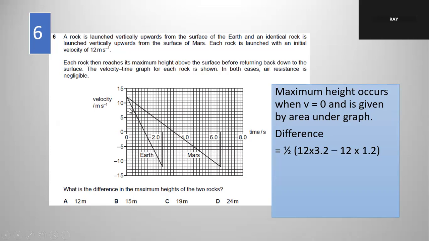That's your 12. Half times this one is about 3.2. Then this is 12, half 12. That's why the half there, the 12. This is 1.2. Read carefully. You make mistakes, sorry. 12 meter. The answer is A. Okay, yeah.